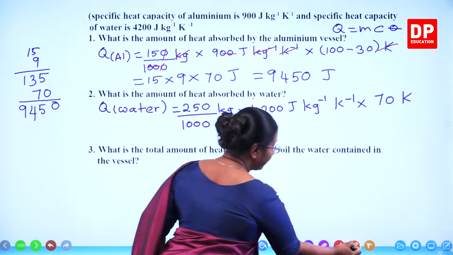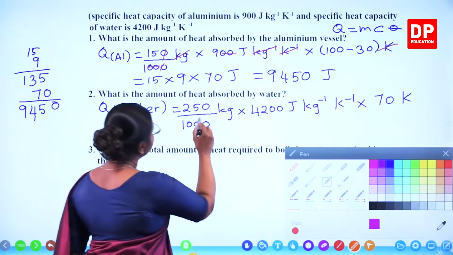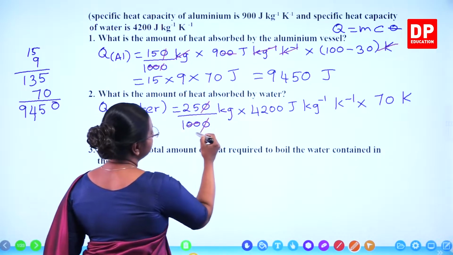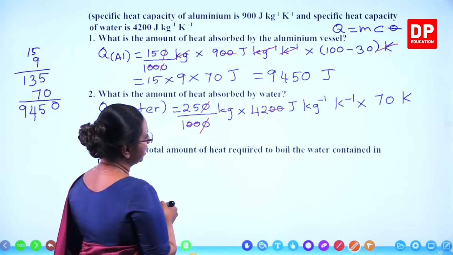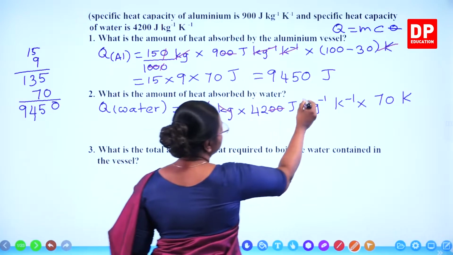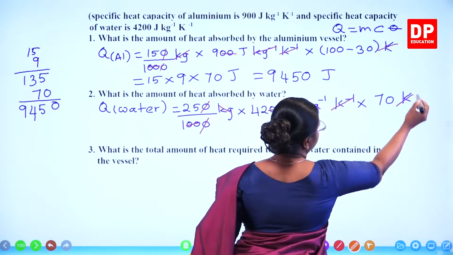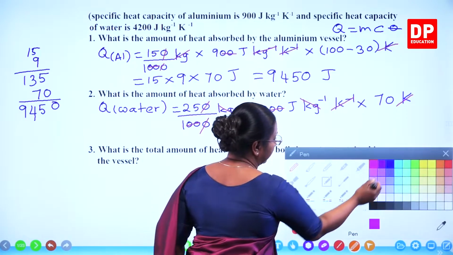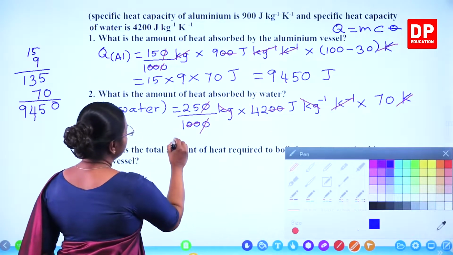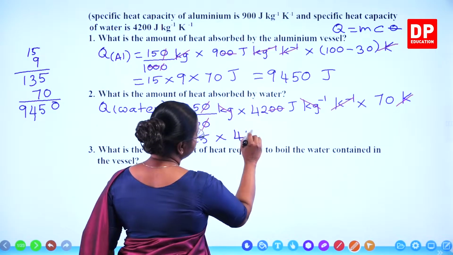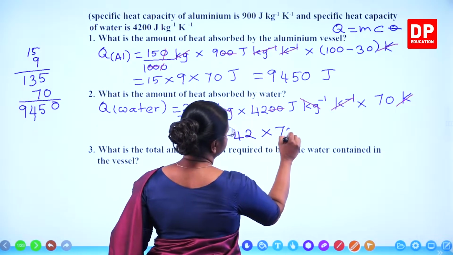We can simplify the values. So here you can see 0 and 0 can be cancelled off. These two zeros and these two zeros can be cancelled off. Kilogram, kilogram minus 1 and Kelvin minus 1 Kelvin. So from that, we get the values 25 into 42 into 70.